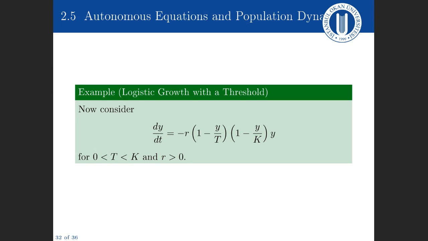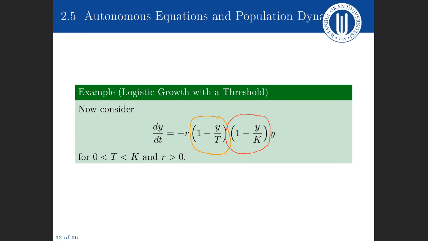Let's combine the last two models for the number of cats, the logistic equation and the equation with a threshold, to get logistic growth with a threshold. We have the threshold term, 1 minus y over T. We have our logistic growth term, which stops the number of cats from going to infinity.